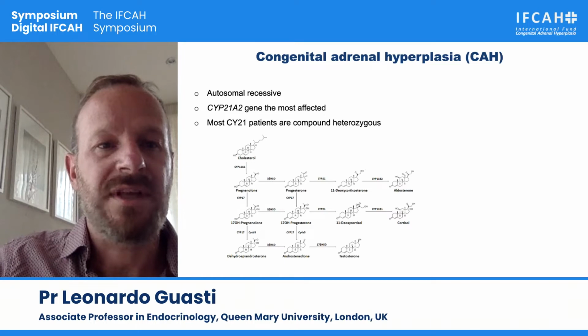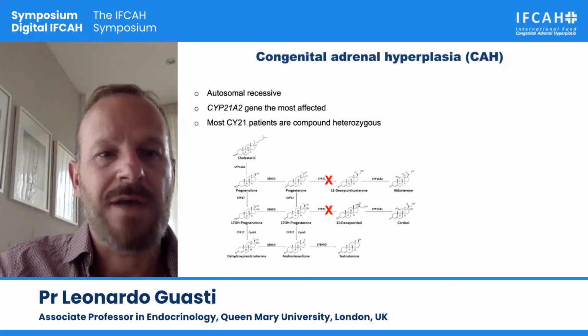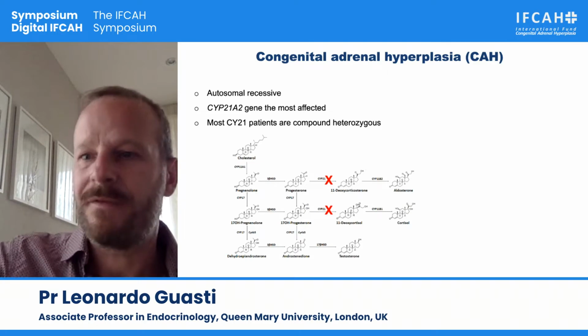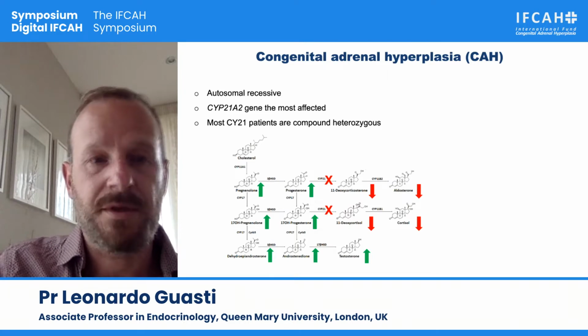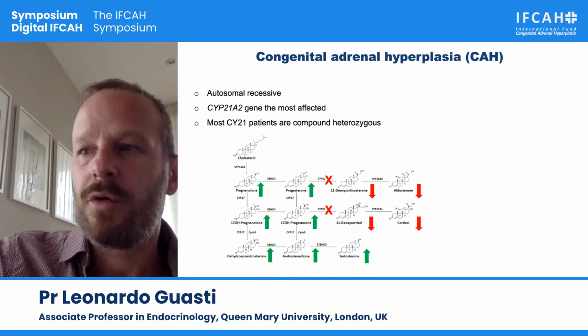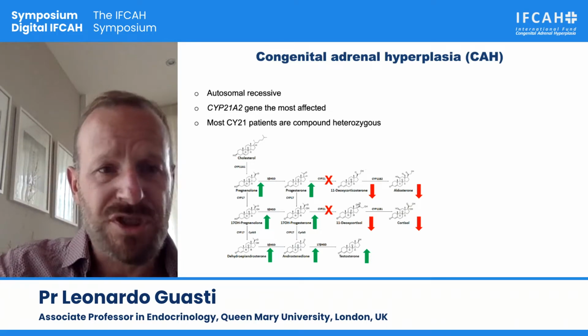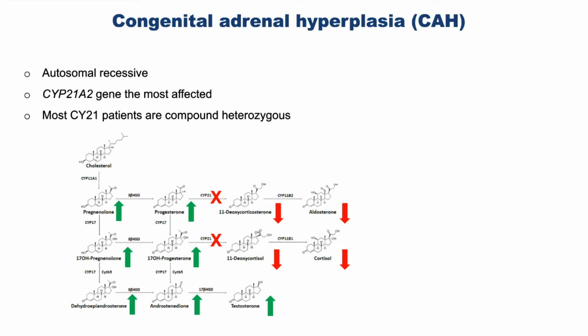And here we can see the steroidogenic pathway, and we know that if you have 21-hydroxylase deficiency, you will have impaired cortisol and aldosterone secretion concomitantly with an accumulation of steroid precursors, which leads, as we know, to increased androgen production utilizing the so-called delta-5 pathway and CYP17A1.